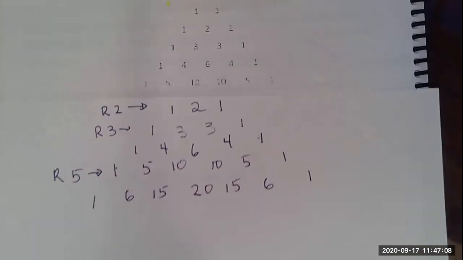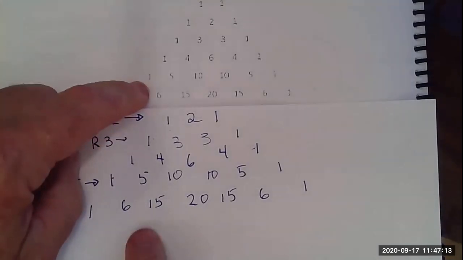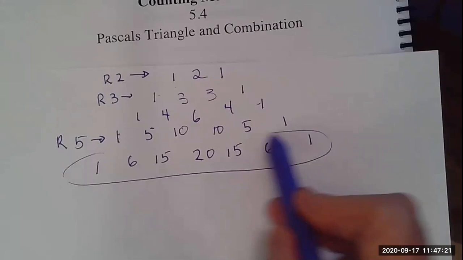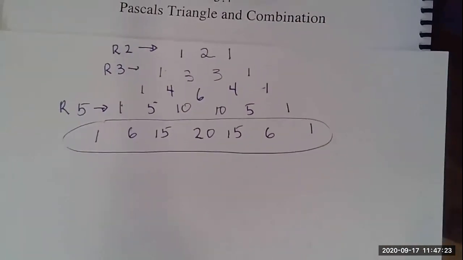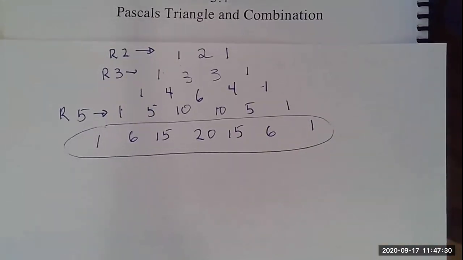If I want to check that down here, make sure I didn't make a mistake. 1, 6, 15, 20, 15, 6, and 1. All right, now, this is called row 6. The previous page, if you look back there, which I will, had 3 problems, combination notation, 3 problems.